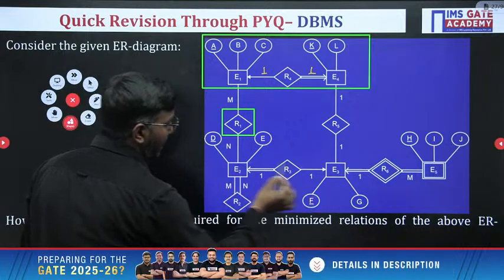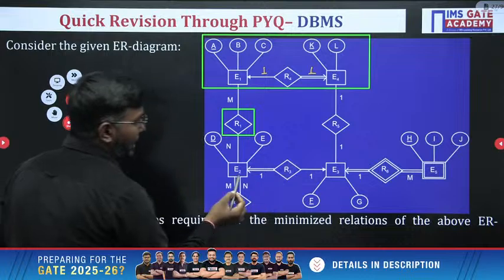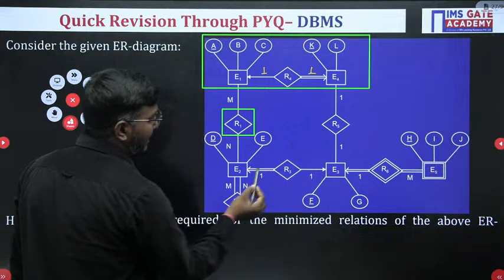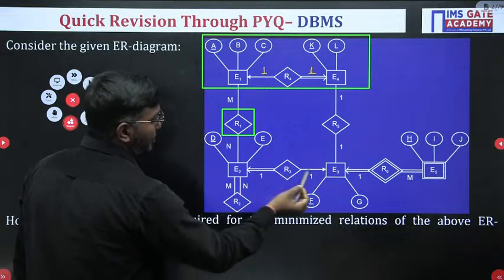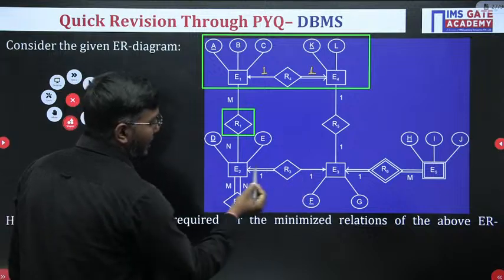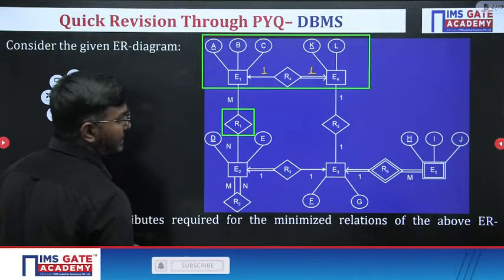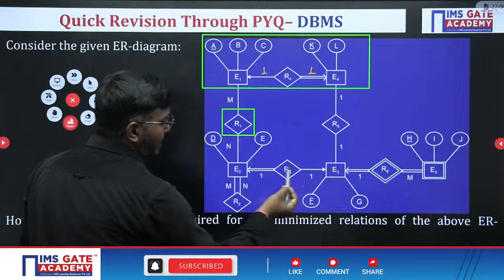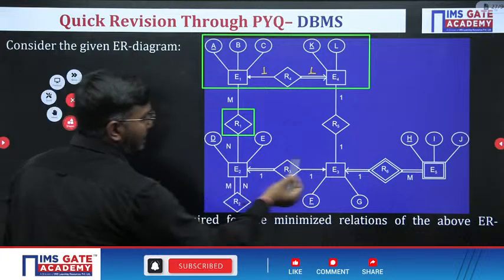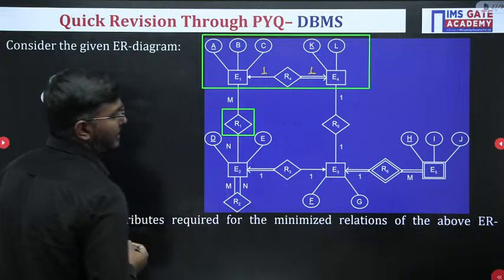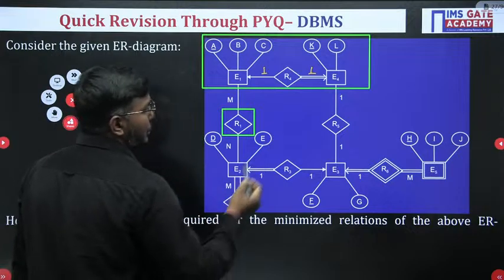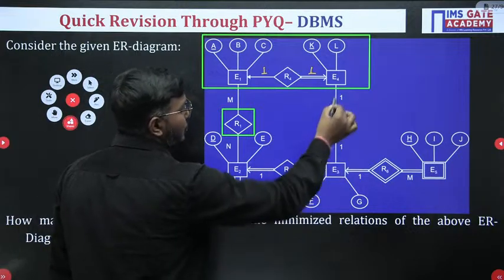Similarly, 1-to-1 along with 1-to-1, both sides are 1-to-1 and one side has total participation. It means this E3, R3, E2 will merge into a single table. And if you want you can also keep this R5 here, because we have 1-to-1.